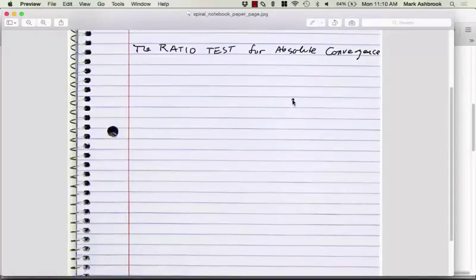And what you do is examine the limit as n goes to infinity of the ratio of the n plus first term to the nth term, the absolute value of that.